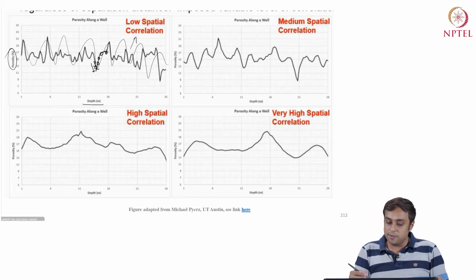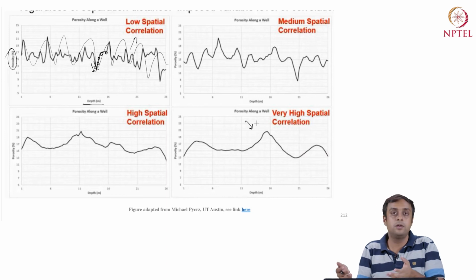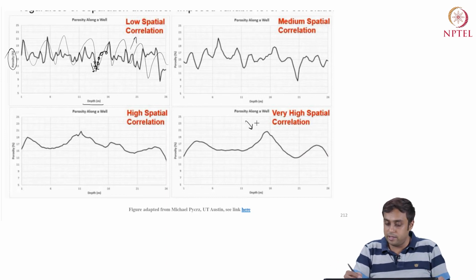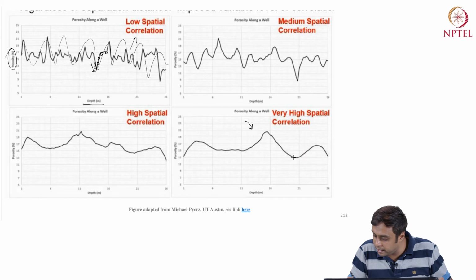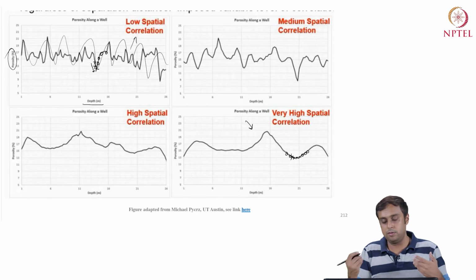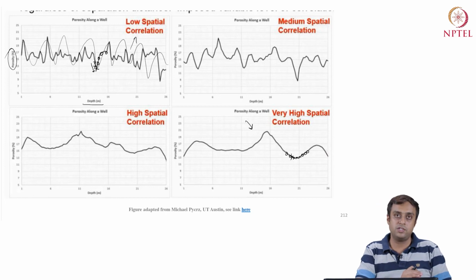Versus if you were doing it, for example, in case of a very high spatial correlation structure, which is the figure in the second quadrant, on the southeast of this image, then predicting will be easier if you had unknown samples relative to the figure on the northwest of this image.